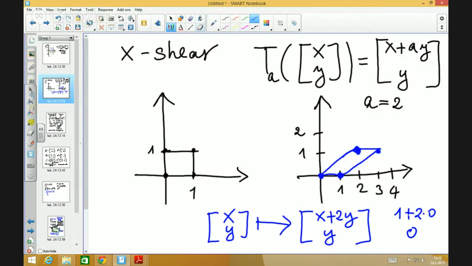So if instead of 2 you would have taken -2, the figure would look something like this. This would be the transformation (x - 2y, y).